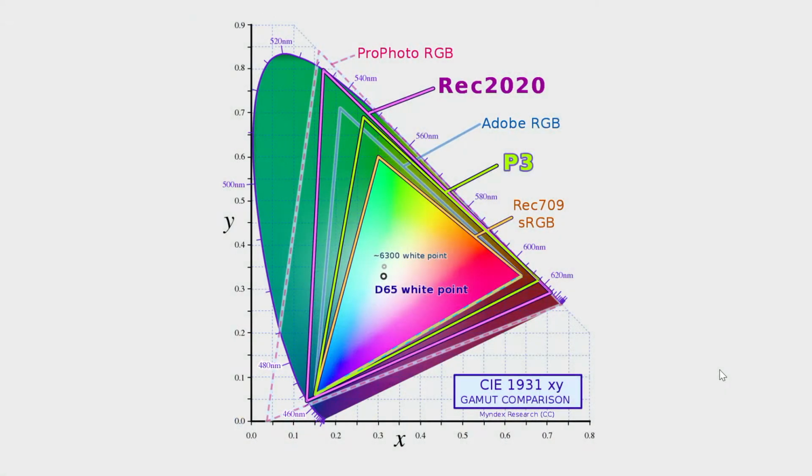If you switch to lab or LCH, you can actually display more colors than with RGB. It looks something like this. The part in the middle is RGB, which we are used to, and what most monitors can display is P3, which gives us more colors, which might be interesting for pages that display photos or maybe art. The images just look better.